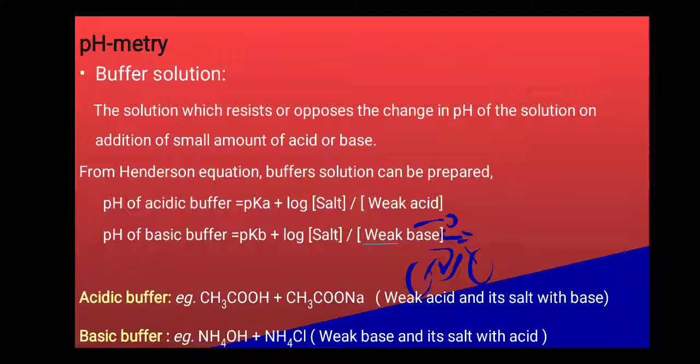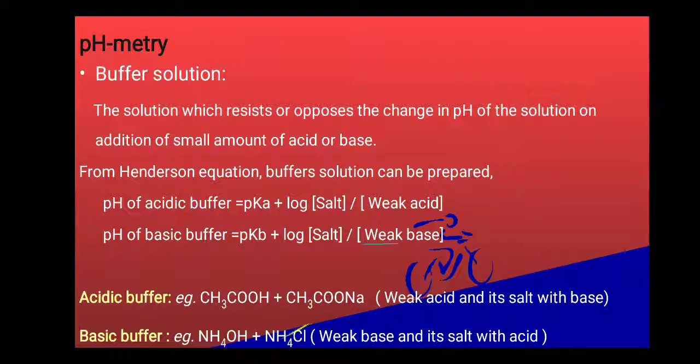In the opposite case, basic buffers are formed by a weak base and its salt with a strong acid. For example, take the weak base ammonium hydroxide, NH4OH, and react it with the strong acid HCl. It forms NH4Cl as a salt of the weak base with the strong acid.